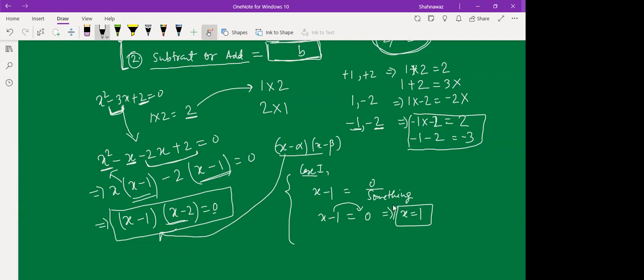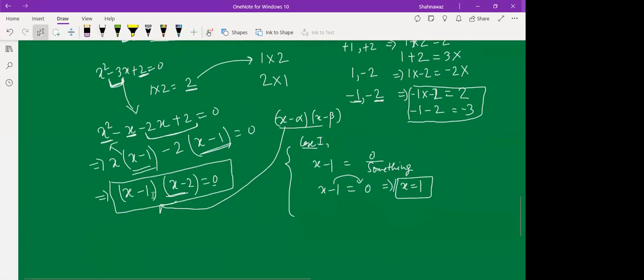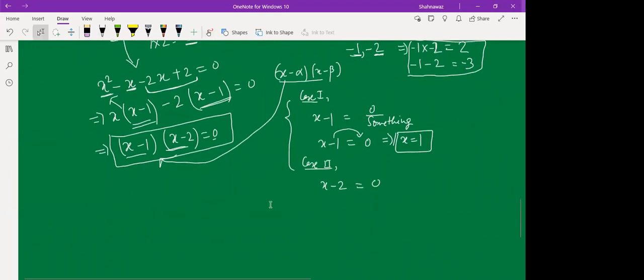And then in the second case, you take x minus 1 to be on the other side, so your x minus 2 will be 0, and you will get x equals to 2, right? So you found the two roots of this equation.